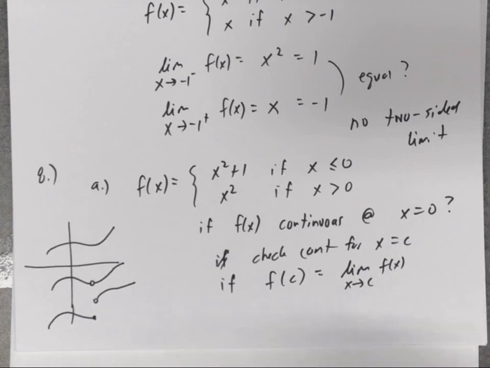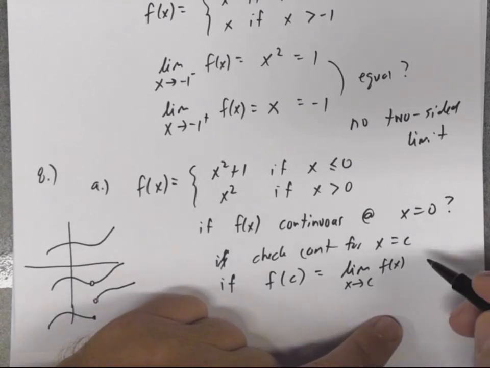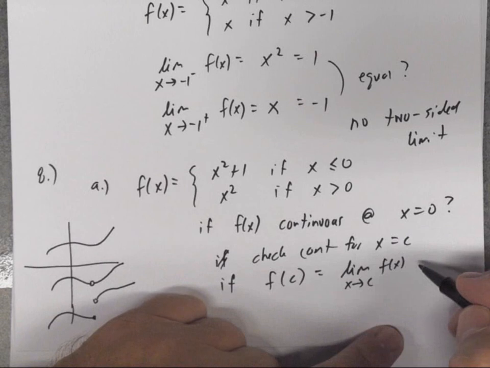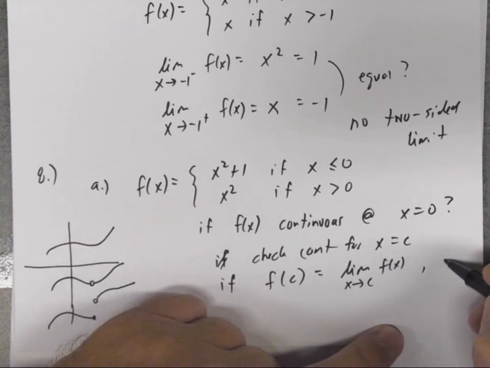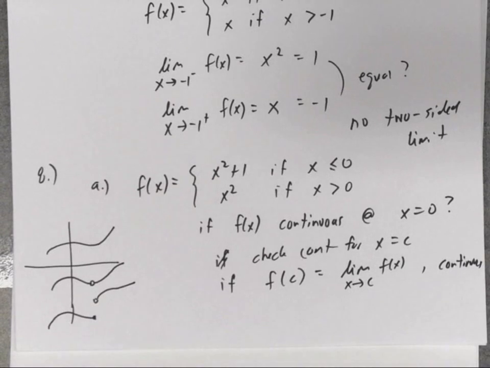And if those two are equal, then it is continuous. So basically, you evaluate the function at the point, and then you take the limit of the function at that point, and if those happen to be the same, you have a continuous function.